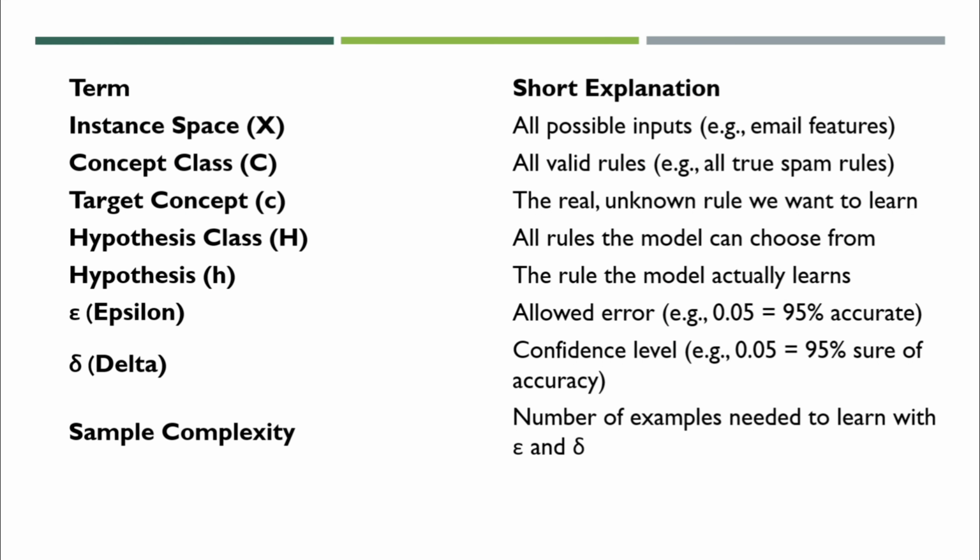It means there is a 5% chance we are wrong and 95% chance that we are right. And the next one is sample complexity. It is the number of examples needed to learn with the given epsilon and delta, or the number of emails we need to train the model well.